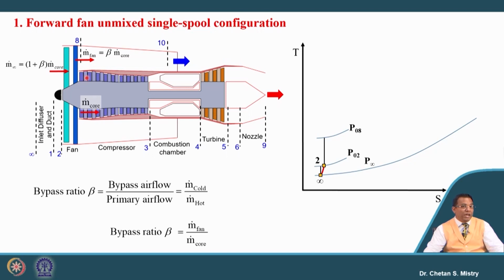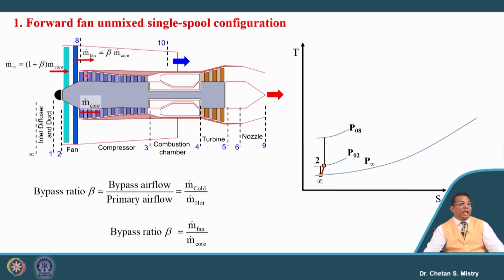Now, look carefully here at the compression which is happening inside the fan. This compressed air will pass through the bypass duct, and some quantity of the same compressed air will enter inside the core engine.